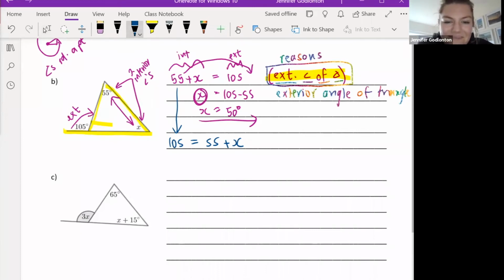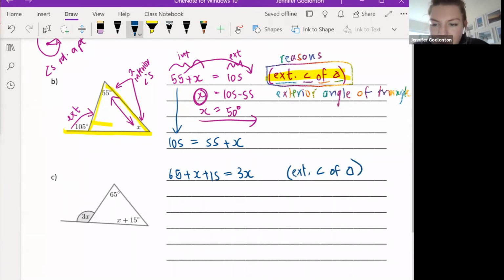Okay, ma'am, what I wrote is that I said 65 degrees plus x plus 15 degrees equals 3x. Yes. What's my reason? Angle sum of a triangle. 100%, Unati, 100%. Next line. Ma'am, and then 65 plus 15 is 80. So 80 plus x equals 3x. Good. I'm just going to highlight that so everyone can see what you did.